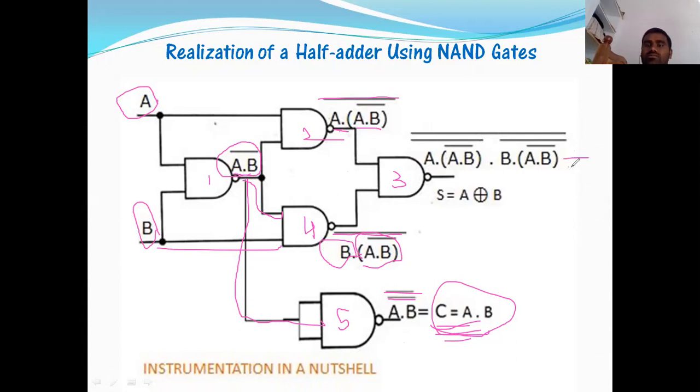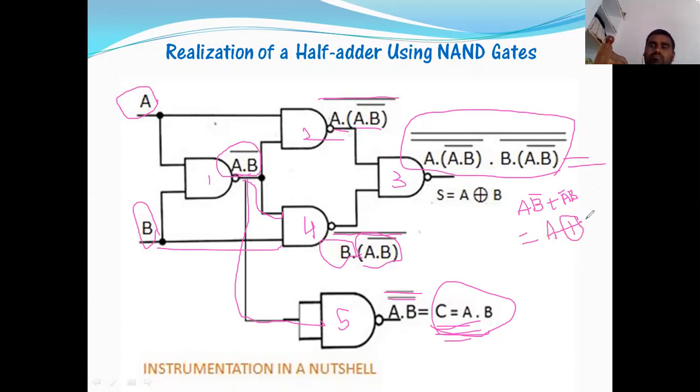So after simplification of this total equation, we are getting like this, A B bar plus A bar B. So that is equals to A XOR B. So that is the sum of this half adder.